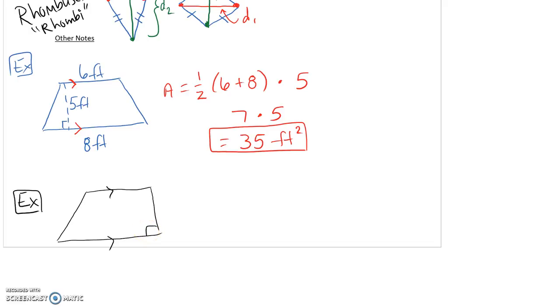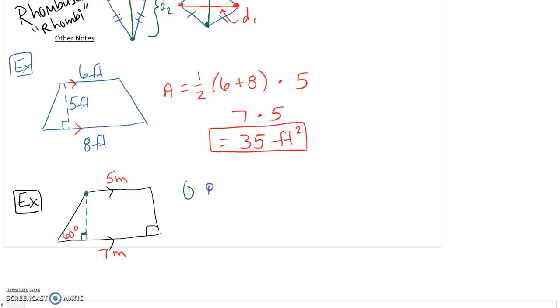And they tell you this is 60 degrees, the top is 5 meters, and the bottom is 7 meters. Well, how is that going to help me? Whenever you see an angle, like 60 degrees, 30 degrees, or 45 degrees, they're referring to those special triangles. So I'm going to cut off a special triangle.